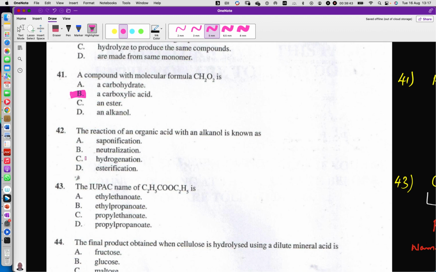A molecule of water is released, and an ester linkage bond is formed between the two of them. The resulting compound is what we call an ester. That process of an organic acid reacting with an alkanol is what we call esterification. So 42 is esterification, which is D.